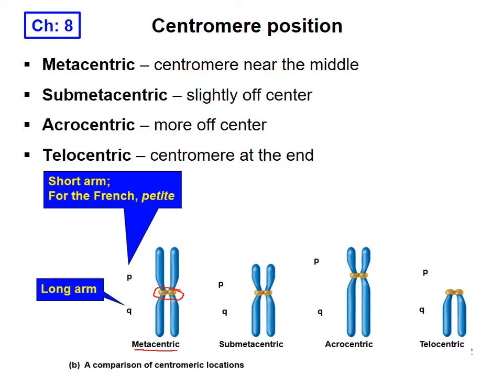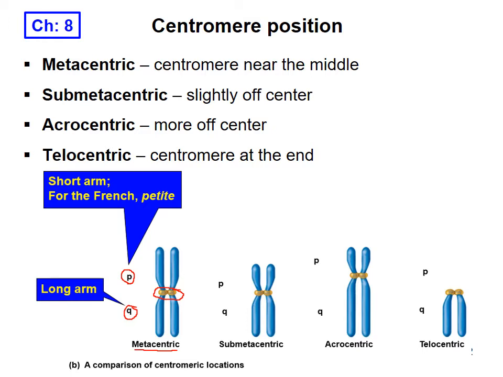And as we're looking at this illustration, you're also going to notice that the chromosome has been labeled either P or Q. Those two letters indicate P, which stands for petite, the short arm of the chromosome, and Q, which stands for the long arm of the chromosome.